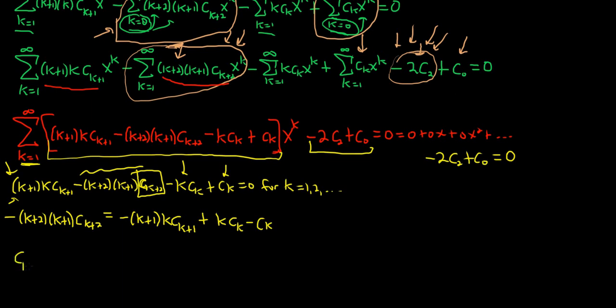So c sub k plus 2 is equal to, and again, you always solve for the one with the highest subscript. So in this case, it was c sub k plus 2. Let's think very carefully here. So we're dividing everything by negative (k+2)(k+1). So in the first term here, we're going to lose the negative k plus 1.